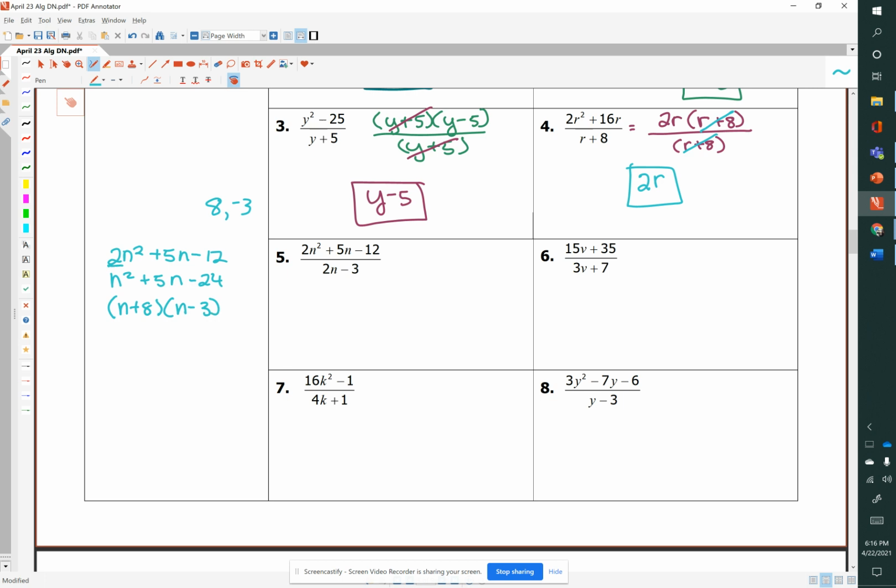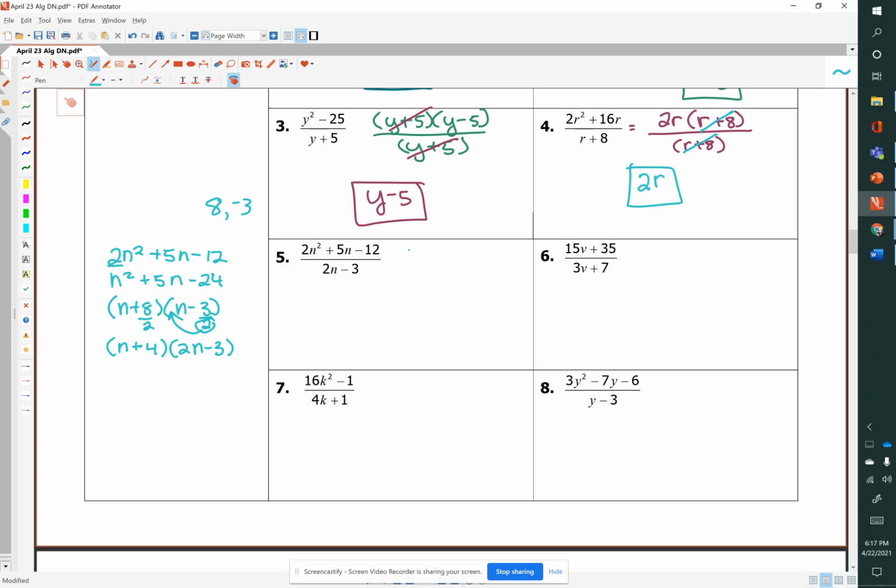Now we have to do the slide portion. 2, 2. So that would give us n plus 8 divided by 2 is 4. And we would have to slide the 2 up in front of the n, 2n minus 3.